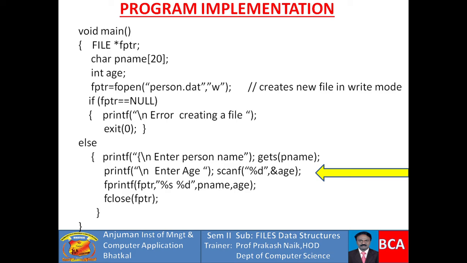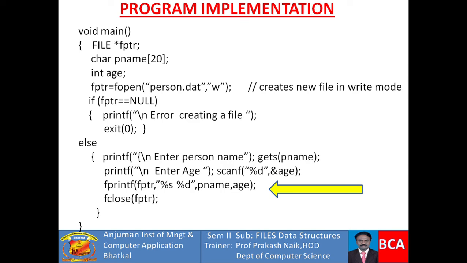Now these two are the local variables. If I come out of the program, the data in these two variables will be lost. Since I want to store it for future reference, I need to store it to the file. For that, I am using a function called fprintf. So this fprintf is having three parameters: pointer name, conversion specifier, and list of variables.